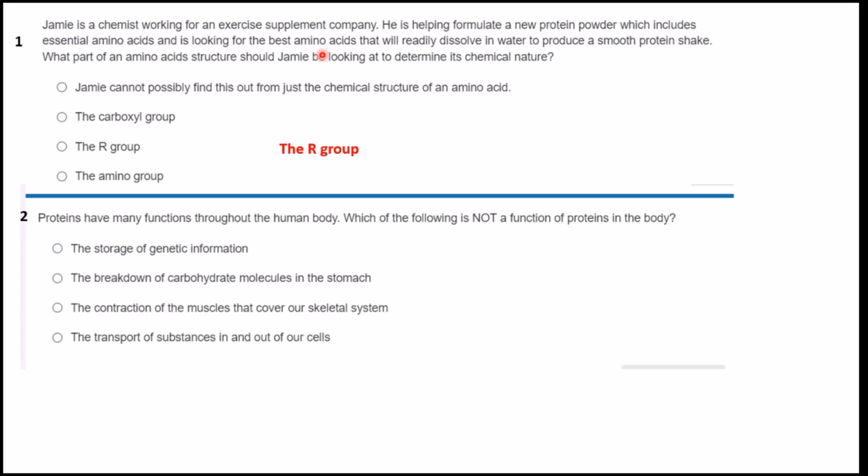Sorry, may I ask the previous speaker: you were saying we are being left with the contraction of the muscles that cover our skeletal system, right? But aren't muscles built up by proteins? He was saying that by process of elimination, he is left with the contraction of the muscles.